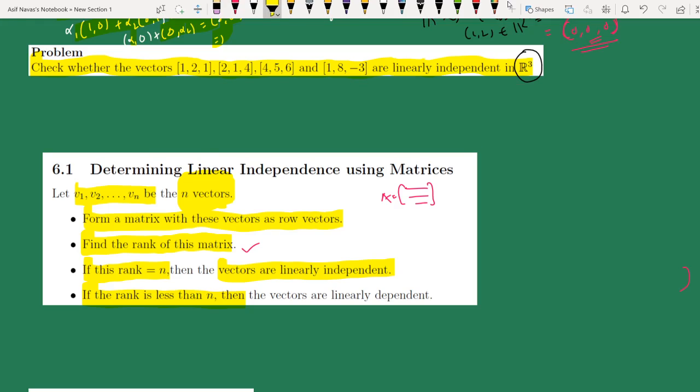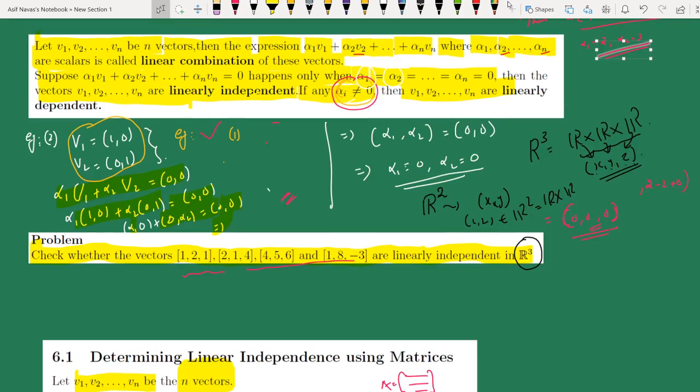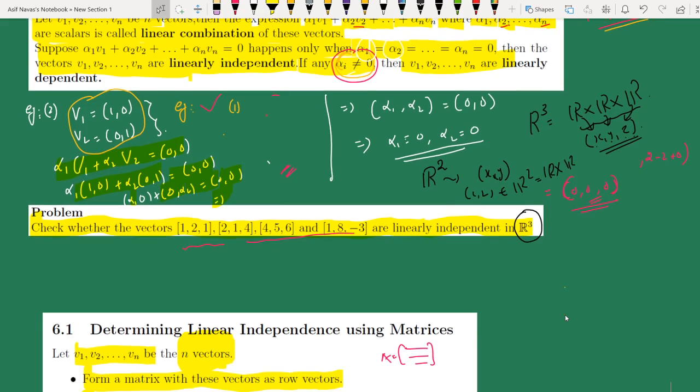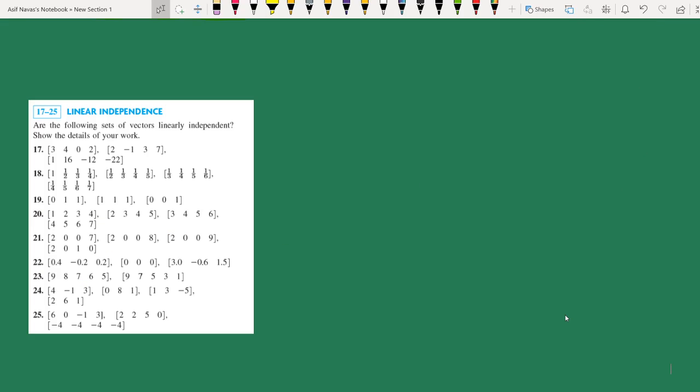So what is the first step? These are the vectors, right? We will do this problem first. Okay, this problem, is it visible?